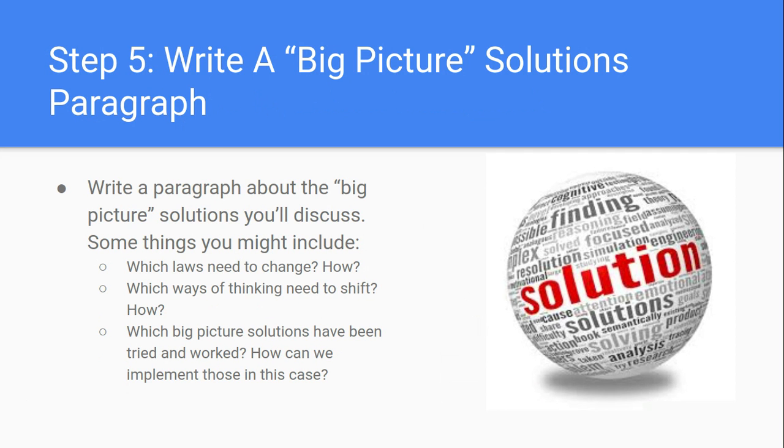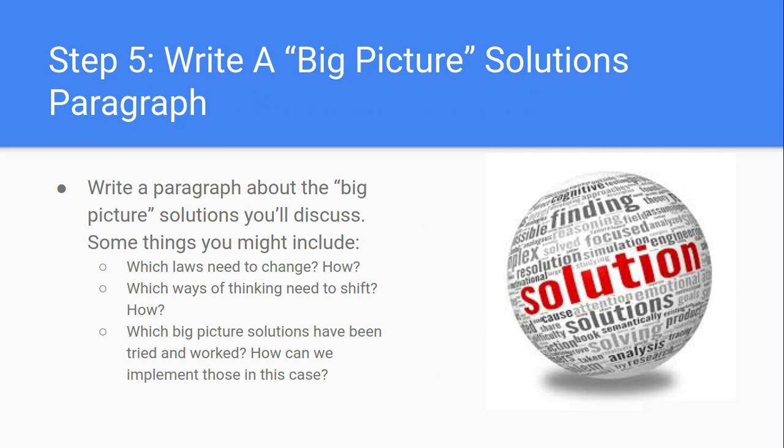So some things that you might include here: you might talk about which laws need to change and how they need to change, or which ways of thinking need to shift and how. You can also plan on discussing which big picture solutions have been tried and whether or not they worked.